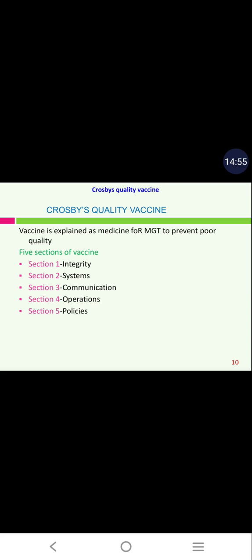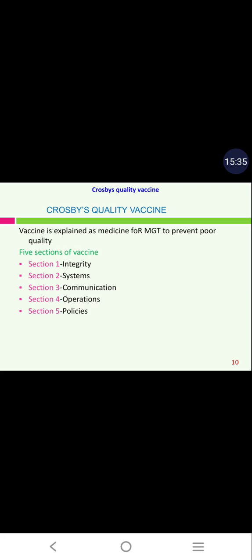Similarly, Crosby's quality vaccine is explained as a medicine for management to prevent poor quality. So to prevent poor quality, what are the things that have to be followed by the management?